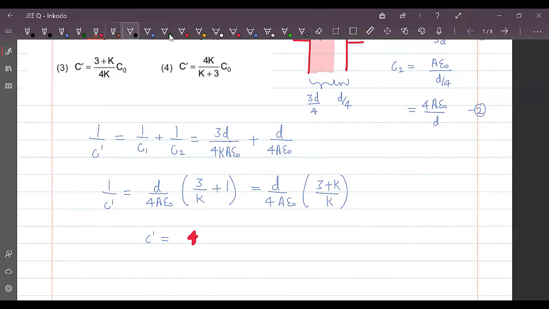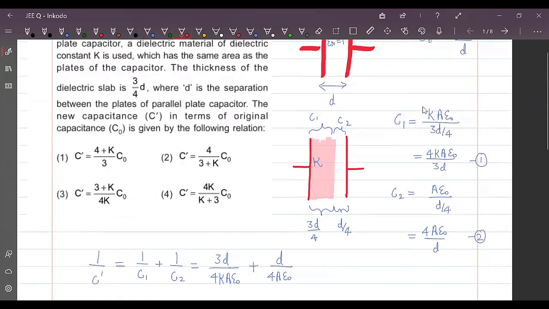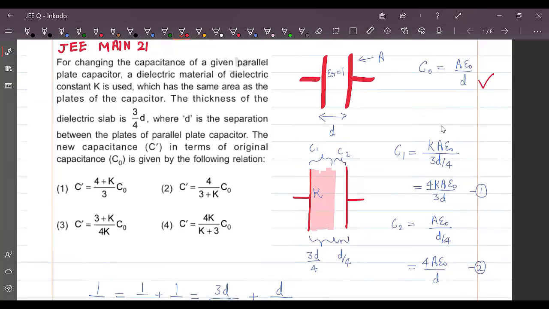So the final value of C dash can be written as 4K A epsilon naught divided by D times (3 plus K). Now you see A epsilon naught by D, if you separate it, the remaining thing will be 4K by 3 plus K. And this A epsilon naught by D is your original value of C naught.